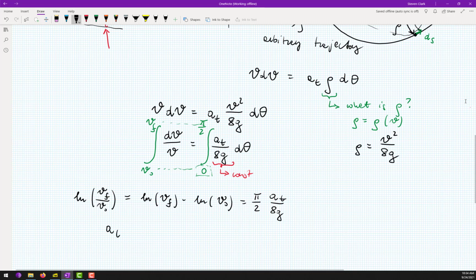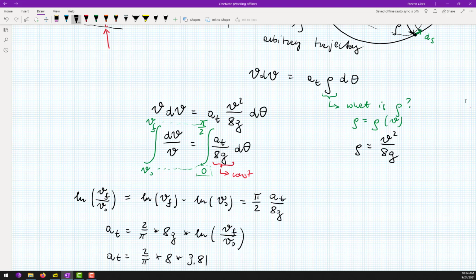So at will be equal to 2 over pi times 8g times log natural v final over v0. Plug in values. 2 over pi times 8 times 9.81 times log natural.